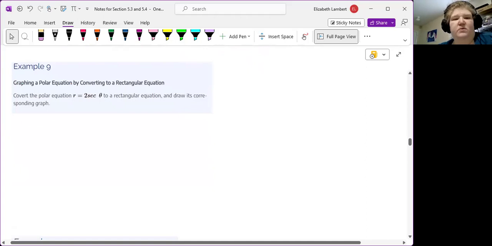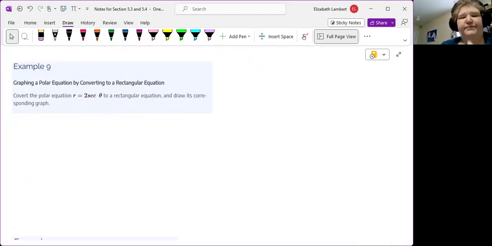So now they want us to take a polar equation, turn it into a rectangular equation, and then use that to get a rough sketch. So r equals 2 secant theta. Well, that's just weird, isn't it?